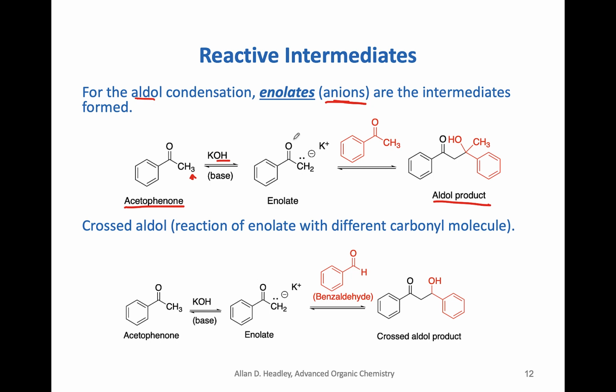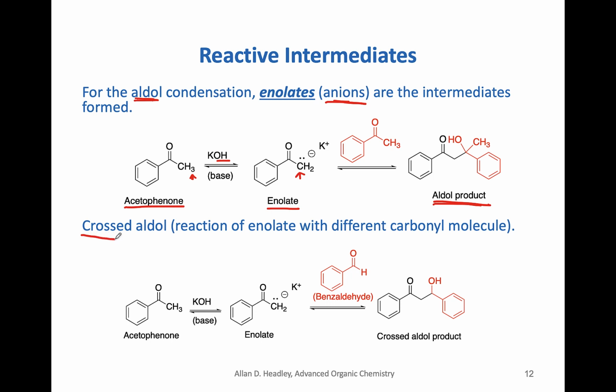Since it's adjacent to a carbonyl, it's called the enolate anion, but it's an anion, it's a carbanion, and this anion reacts with another mole of the ketone to form the product. So again, this is the mechanism for the aldol condensation.